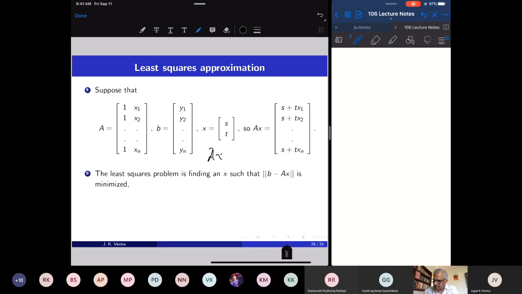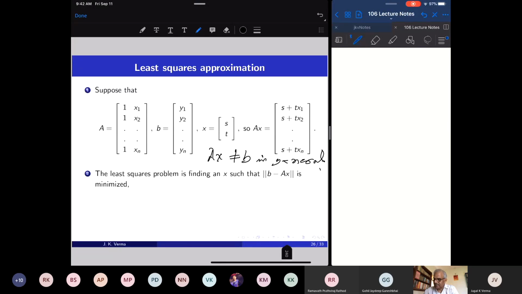Ax is not equal to b in general, because the data points may not fit the straight line. In fact, no straight line may pass through all the data points. So Ax is not equal to b for any choice of s and t, it can happen.